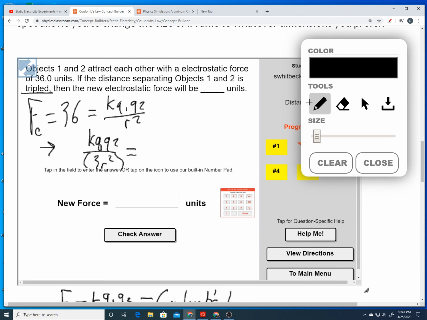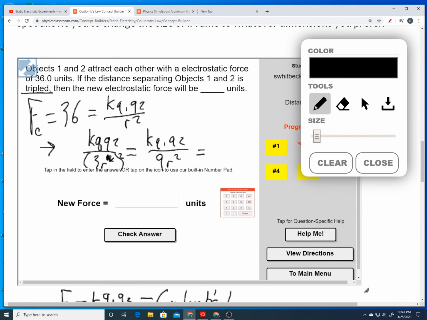Oh, I made a mistake here, because this square does need to be outside my parentheses. So now I'm going to square both terms inside. I get 9R squared.